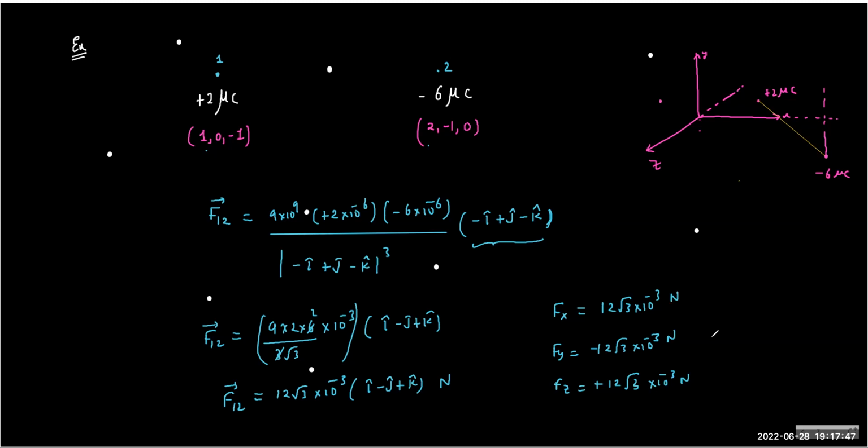And given the mass of the charged particle, you can find the acceleration. Now, once you get F12, there is no need to find F21 separately because F21 will be minus of that, by Newton's third law. So whatever you got as the answer, just change the sign in the bracket, the vector part: minus i plus j minus k. That's it.